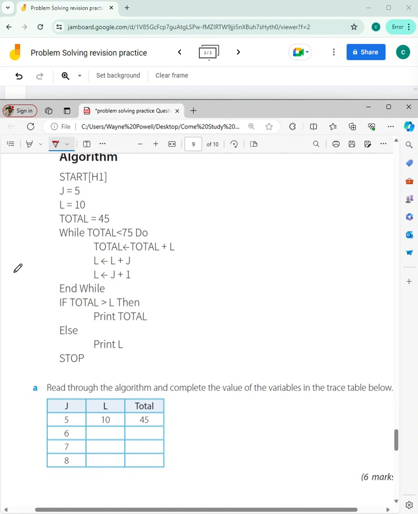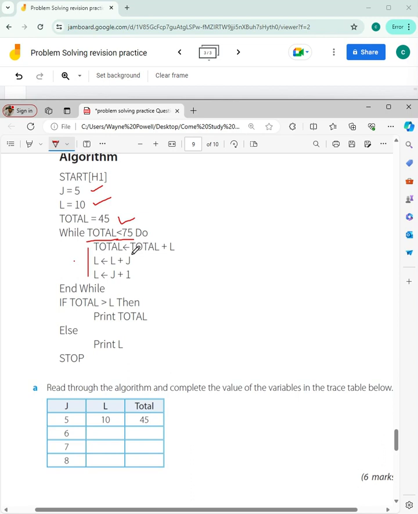So let's read line by line. It starts with the value J being 5, L being 10, and total being 45. And we have a loop. While total is less than 75, as a condition, we're going to execute these steps.